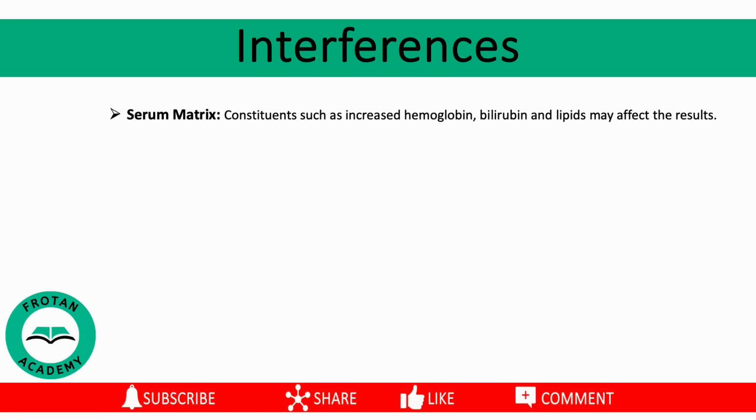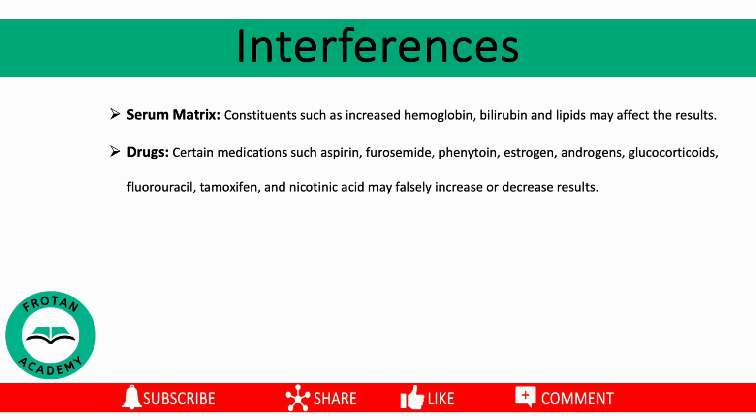Serum constituents such as increased hemoglobin, bilirubin, or lipids may affect measurement signal and cause falsely elevated results. The acceptable levels of these interfering substances are specified by the manufacturer during method validation and confirmed by the pathology laboratory during method/analyzer verification. Certain drugs such as aspirin, furosemide, phenytoin, estrogen, androgens, glucocorticoids, and the like may falsely increase or decrease test results.